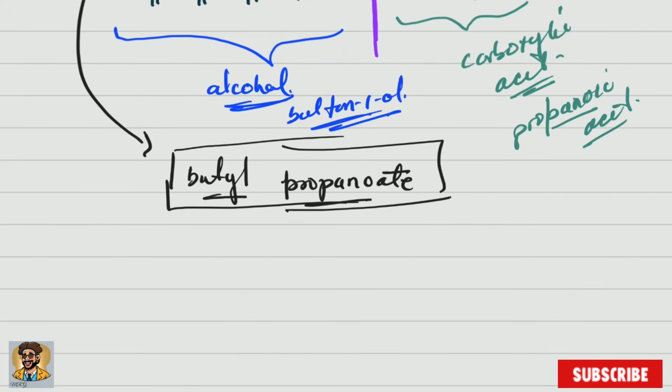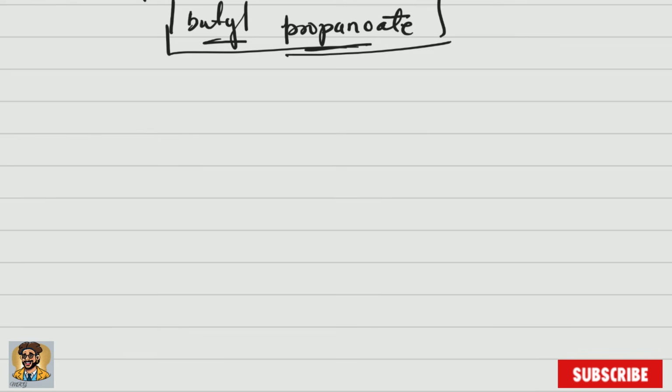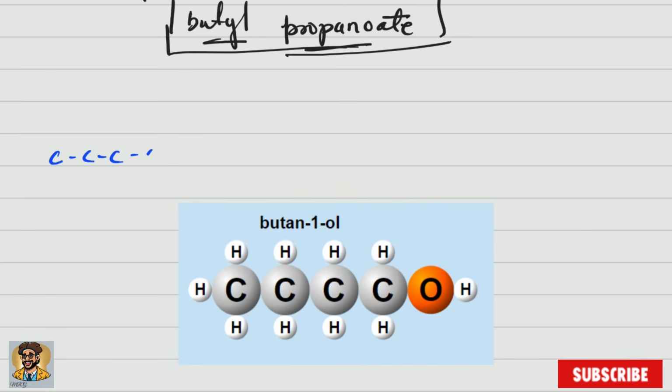So we're starting with butan-1-ol in structural formula. Let's do it. 1, 2, 3 and 4, and here's going to be my functional group. This is the alcohol, in carbon number 1, and then the rest are just hydrogens.